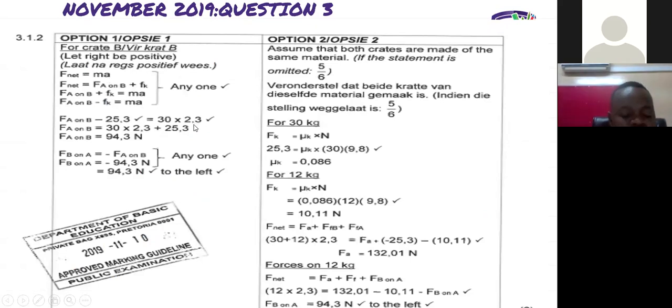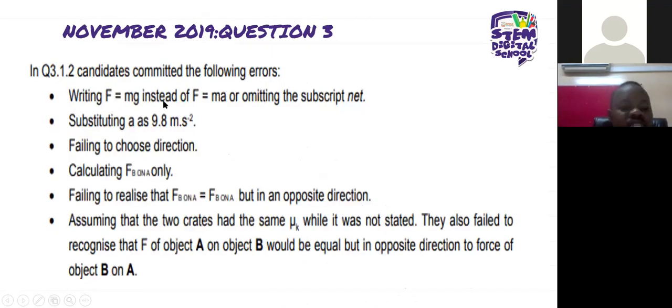That is wrong, because the object was not accelerating at 9.8 meters per second squared. They told us that B is accelerating at 2.3 meters per second squared. Remember, you were not calculating the force of gravity there, so you can't use 9.8.